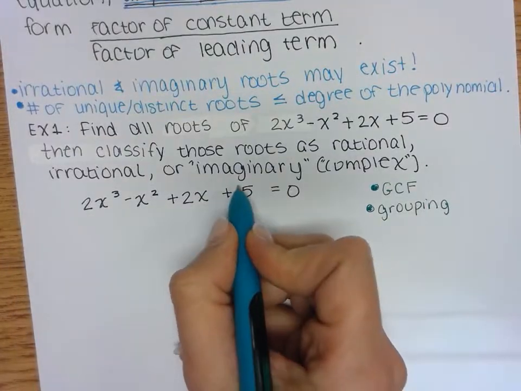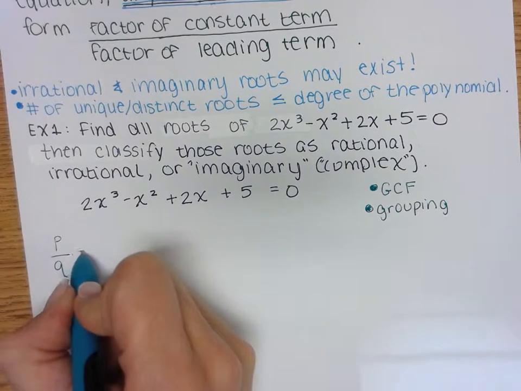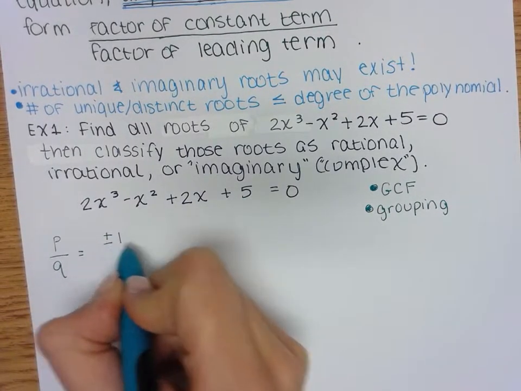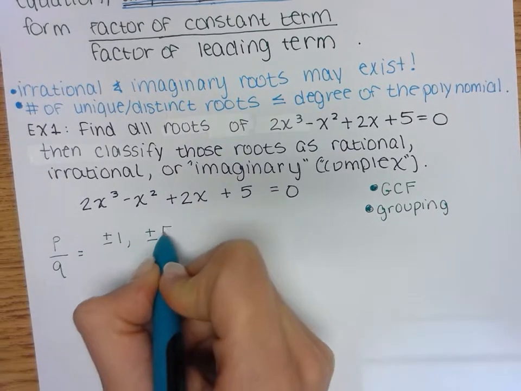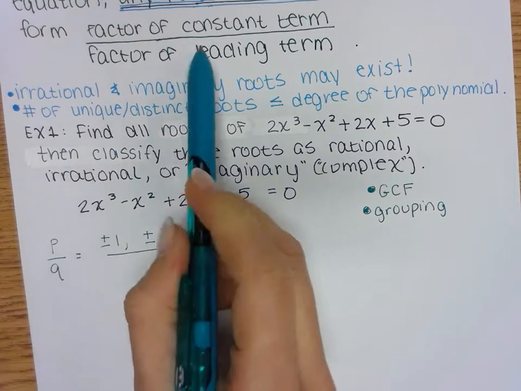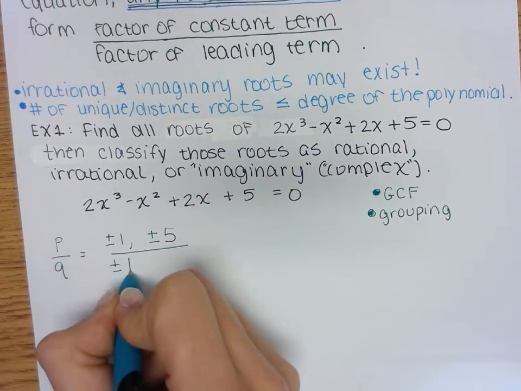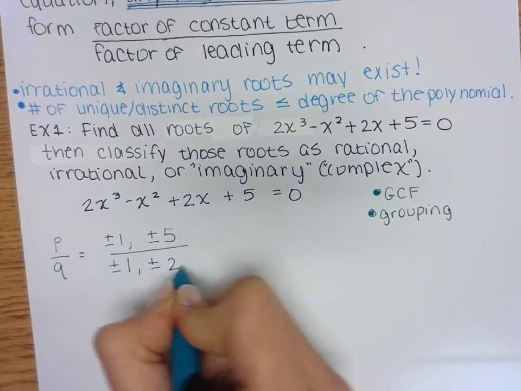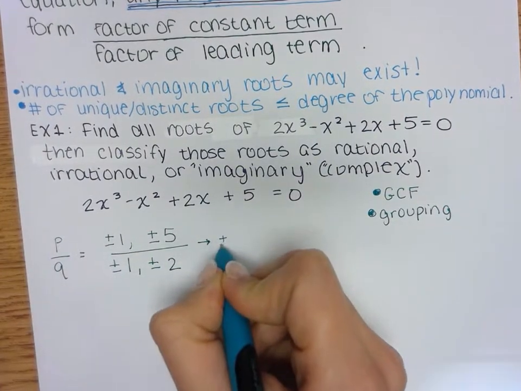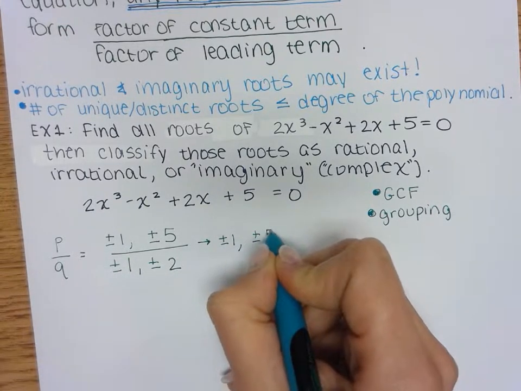So what are the factors of my constant term? I need to make my P over Q here. My constant term is 5, so I could have positive or negative 1, positive or negative 5, over, what are my factors of my leading term? My leading term is 2, so I could have, again, positive or negative 1 and positive or negative 2. Now let's kind of clean that up a little. 1 over 1, positive or negative 1, 5 over 1, positive or negative 5.